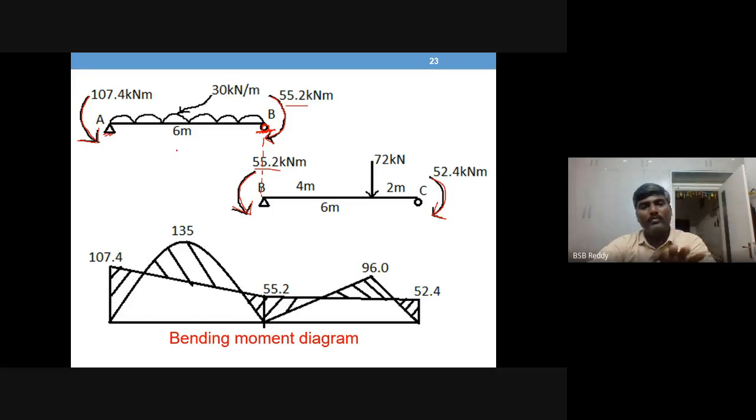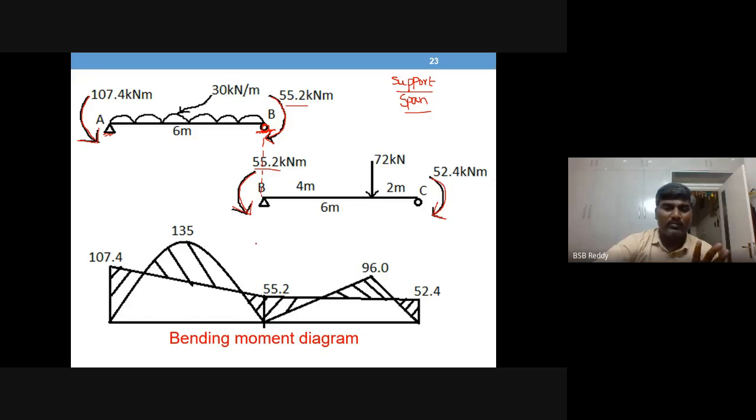Now how do we draw the BMD for AB? First let us talk about it. Same as usual, if you remember, for drawing the BMD for indeterminate structures, we first draw the support moment diagram, then we overlap the span moment diagram.